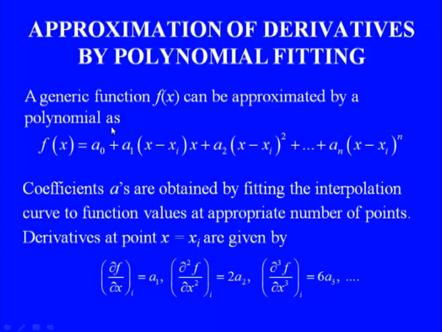Now we have taken the polynomial expansion around the point x_i to simplify the algebra for obtaining the finite difference expressions. f(x) can be written as a0 plus a1 times (x minus x_i) plus a2 times (x minus x_i) whole square plus and so on up to an (x minus x_i) to the power n. Now these coefficients a0, a1, a2 and an can be obtained by fitting this interpolation curve to function values at an appropriate number of points.